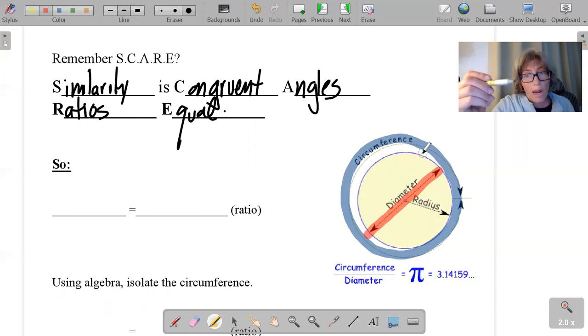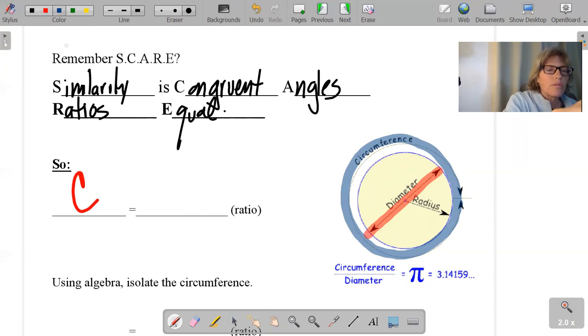Remember, ratio is a fraction, which is a decimal. And that ratio is what we commonly call pi. Circumference divided by diameter gets you the same ratio for all circles.